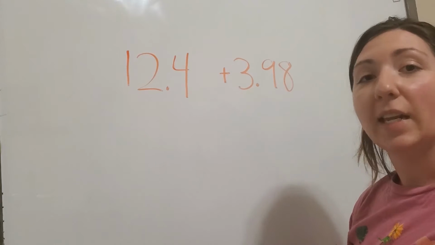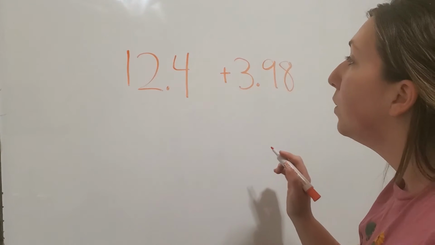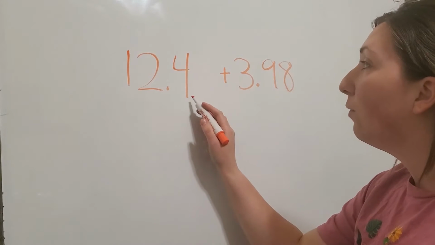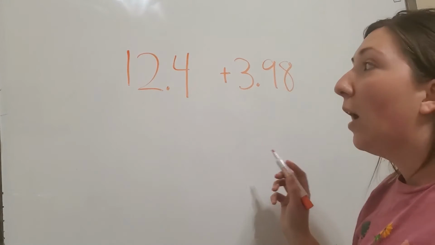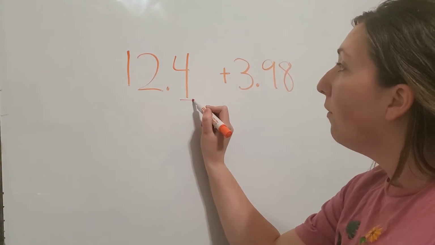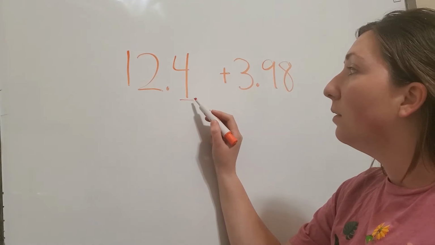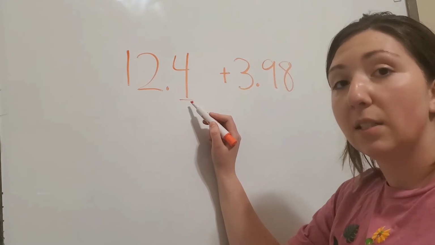Okay, let's start on our example with addition with decimals. So here we have 12.4 plus 3.98. Okay, I want y'all to notice something. Right here, we have a decimal in the tenths place.